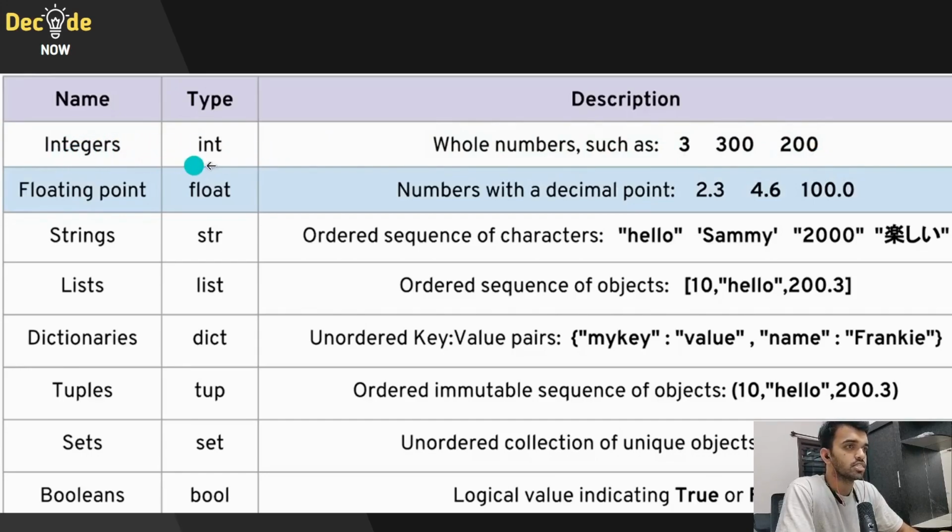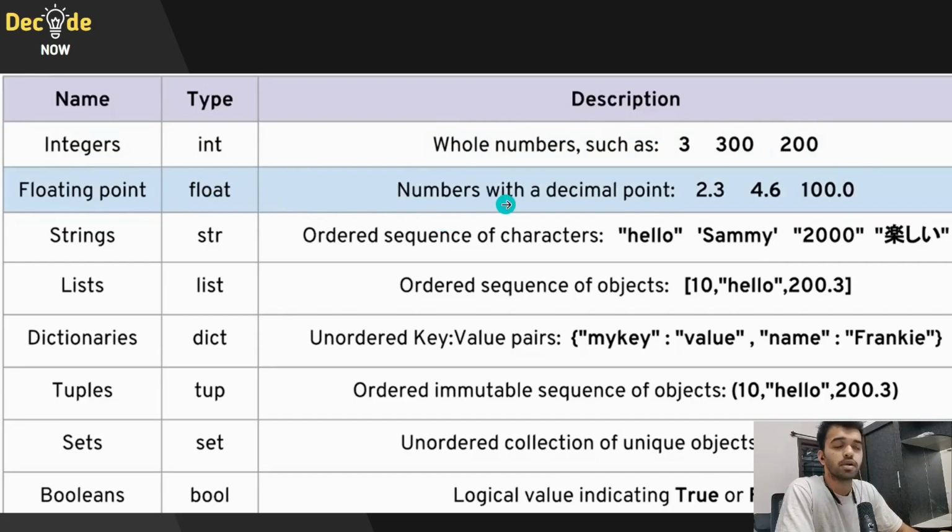First one is the integers, and its short keyword is int. It's just whole numbers. We use numbers in our day-to-day lives, and these numbers are represented as integers, or int, in Python. A few examples include 3, 300, and 200. Basically, these are numbers. The second one is floating point, which is represented as float in Python.